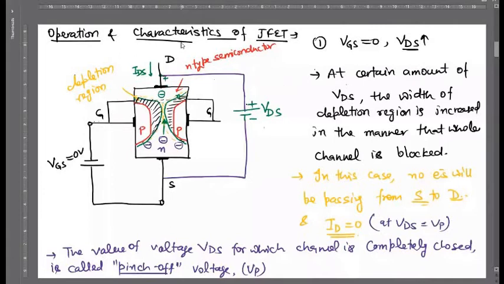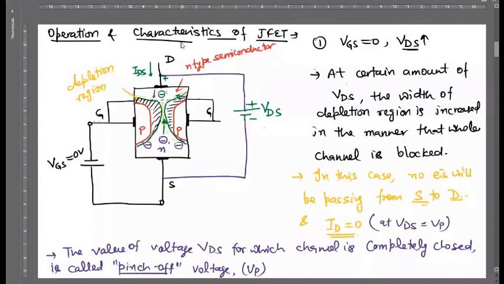And one more factor is that the depletion region formed in this channel offers resistance to current. If charge carriers are moving from source to drain, then in their path this depletion region offers a resistance.